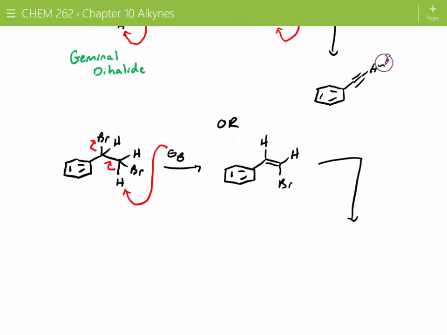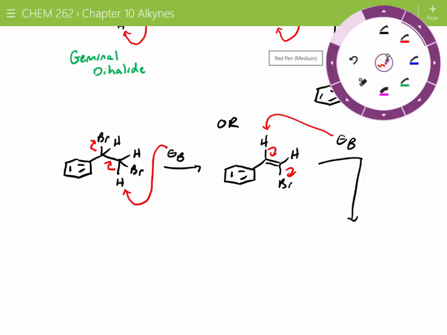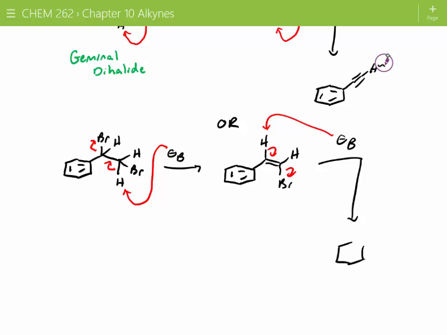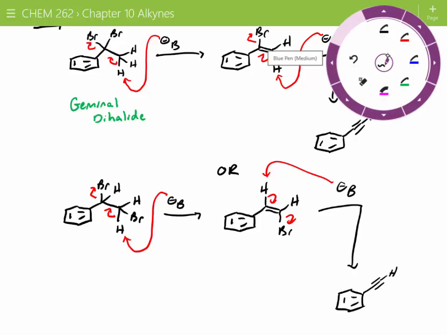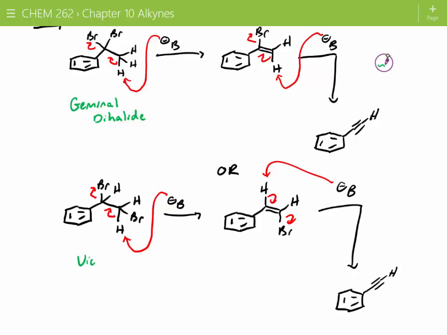Then for our second equivalent, we've got our base that will come, grab our beta proton, clamp down, and again give us our phenylacetylene. Sorry, guys, I'll slow down here. These are called vicinal dihalides. So you can see in the top reaction we did a double E2 reaction, and in the bottom reaction we did a double E2 reaction.